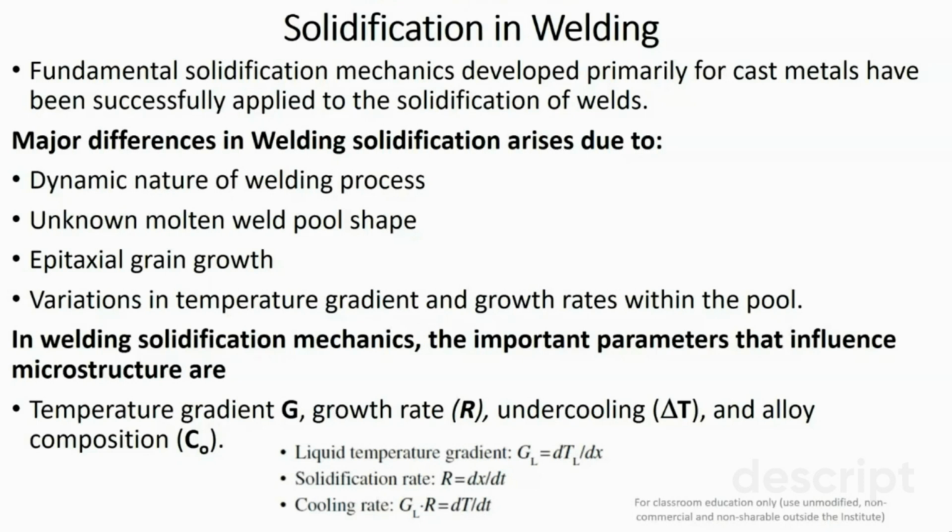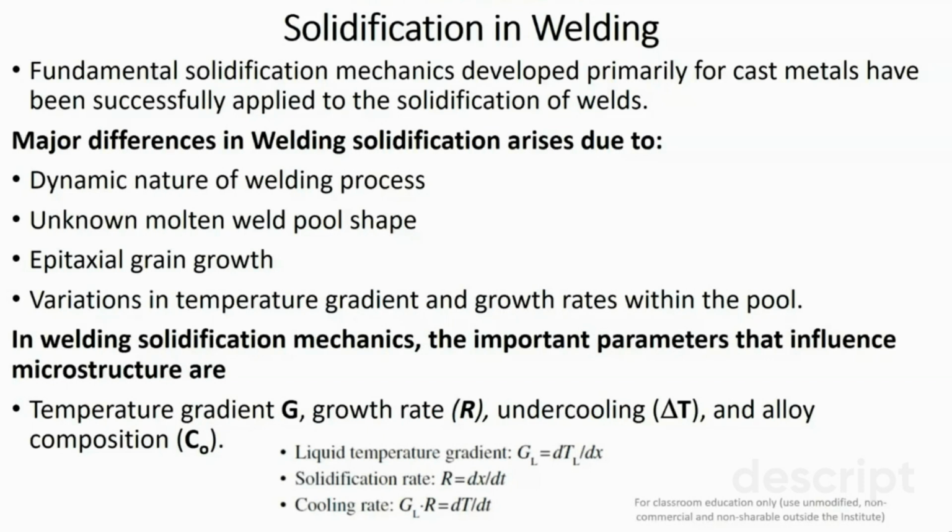Suppose we talk about welding performed with bare electrodes or coated electrodes: there is a situation of large temperature gradient when you are using bare electrodes, when there is no flux which forms a blanket of slag. The slag covers up the molten weld pool and serves as a blanket which lowers the temperature gradient between the molten weld pool and your surroundings. These are some points which make a difference between welding solidification and the solidification of casted components.